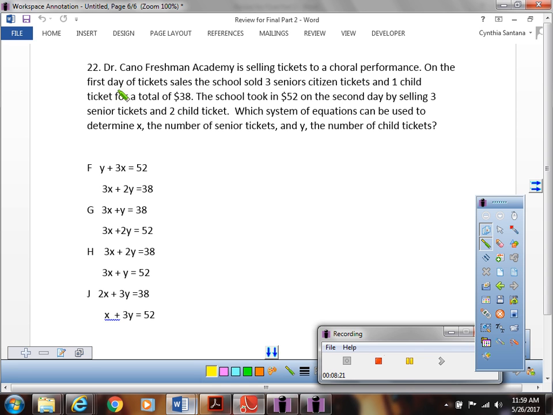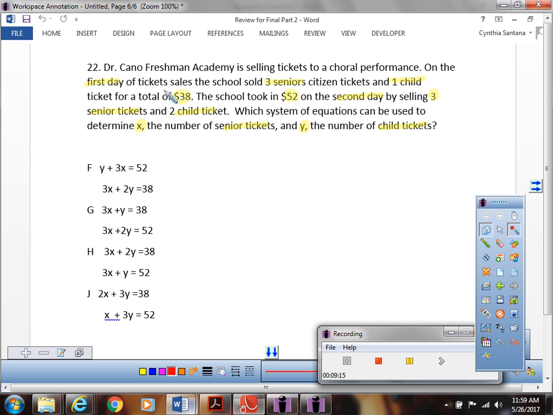So we can start by looking at the first day. The first day they sold 3 senior citizen tickets and 1 child ticket for a total of $38. And then the school took in $52 on the second day by selling 3 senior tickets and then 2 child. So which system of equations can be used to determine x, the number of senior, and y, the number of child?